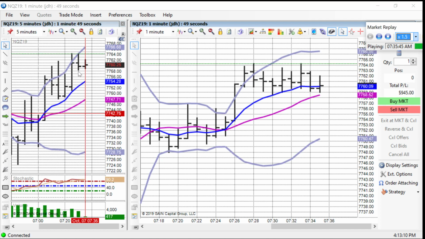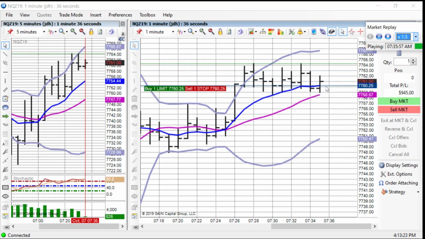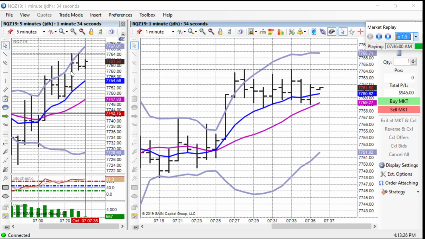So if it drops below the support of the previous price bar, that's actually a retracement on the 5 minute chart, but usually those are good trades on the 1 minute chart, especially if there's a lot of room between the low of the previous price bar on the 5 minute chart and the ADMA line on the 5 minute chart. So if there's a lot of room here, a break below that low would be a good crossover trade on the 1 minute chart.